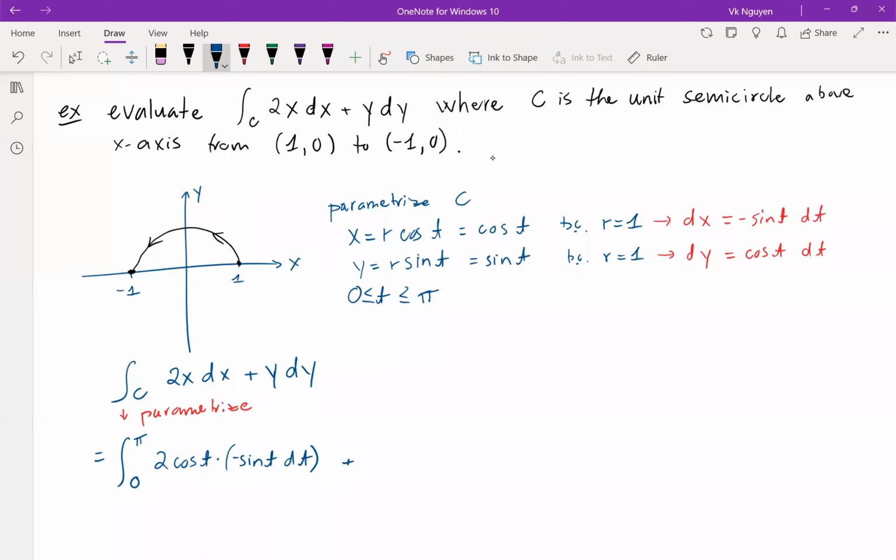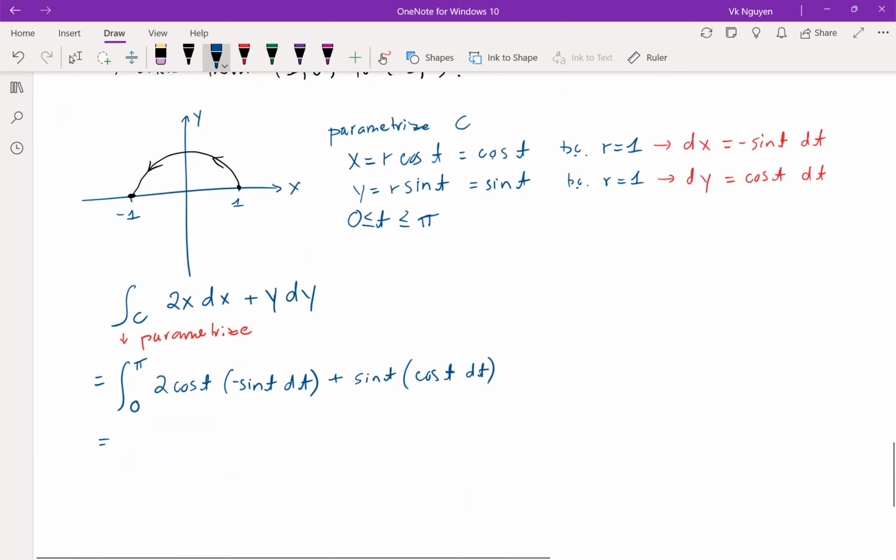Everybody okay with this? You just parameterize and then you do substitution. y is sine t. dy is cosine t dt. So that's why you can factor the dt here. So what do we have?